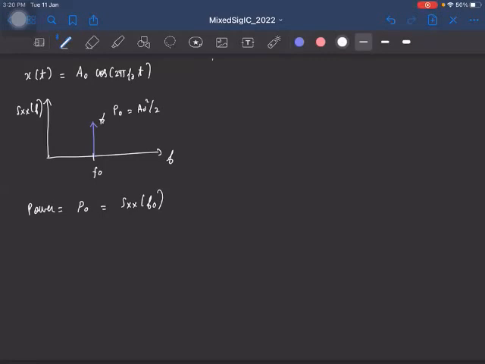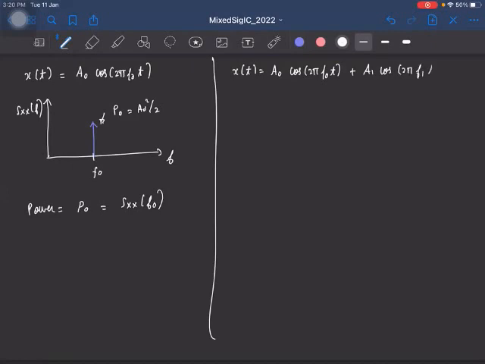Right? So let's say now we have one more signal, which is the sum of two sinusoids. Let's say it is A naught cos 2 pi f naught t plus A1 cos 2 pi f1 t. Okay, so how will the power spectral density of this look? Well, it will have two impulses, right, at frequencies f0 and f1.